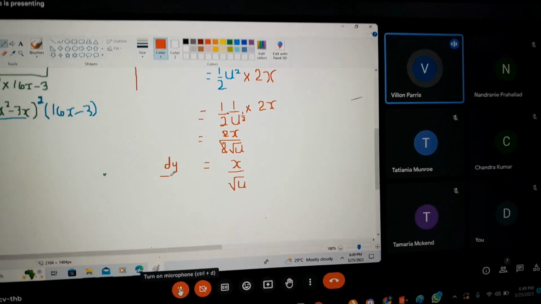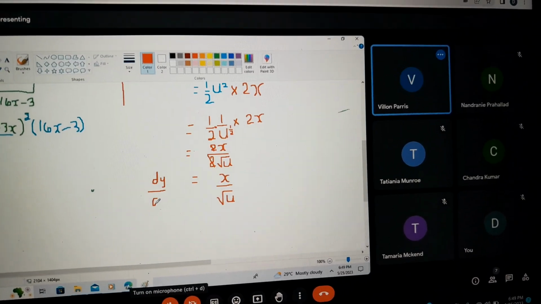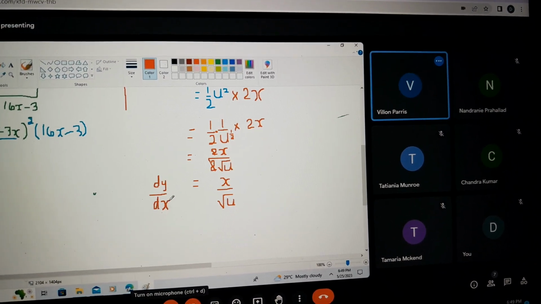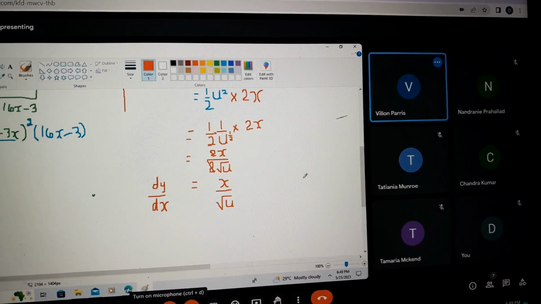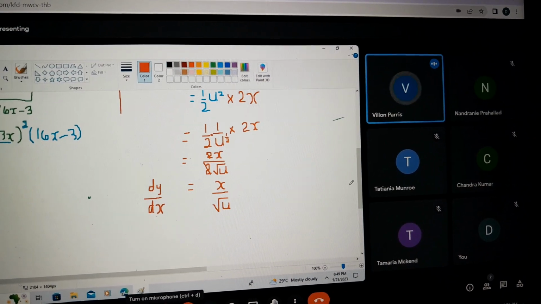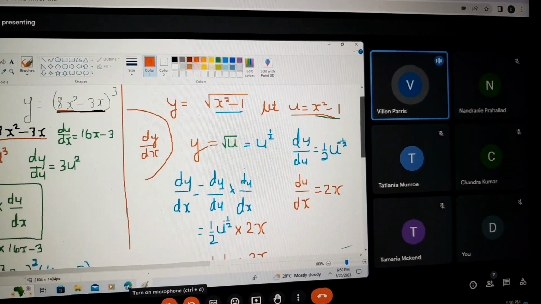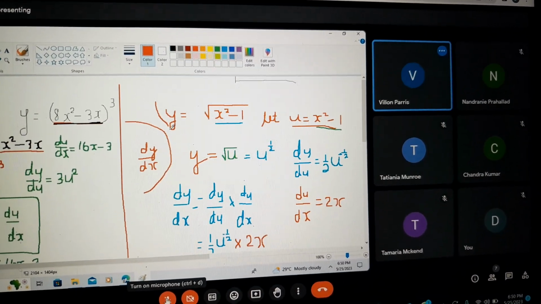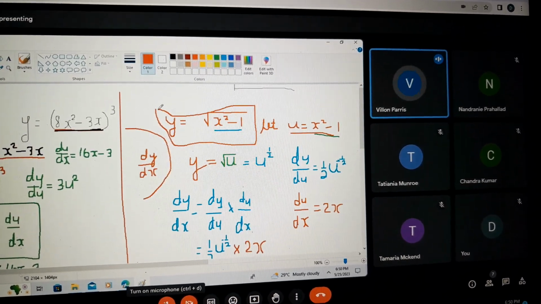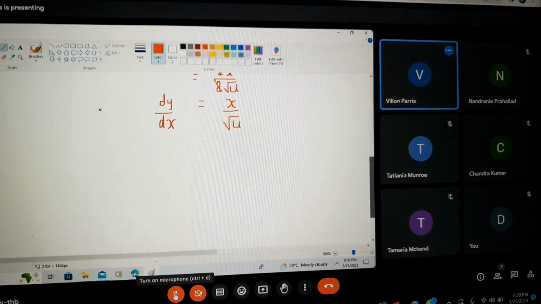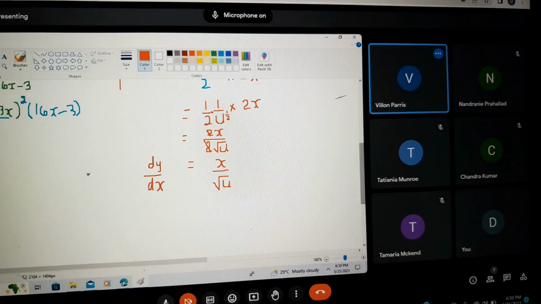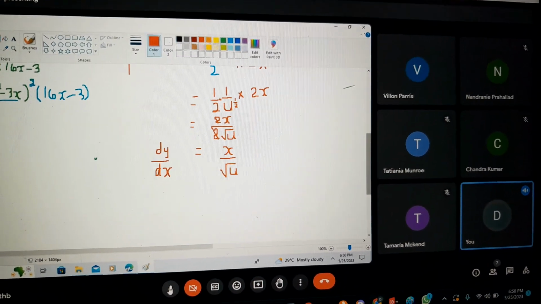There's one last thing I have to do. Can anyone tell me? I can't supply this as my answer because I didn't start with u. This was my original function. So what do I have to do finally? Sir, you substitute the u value?